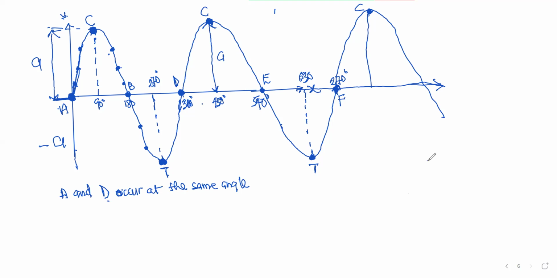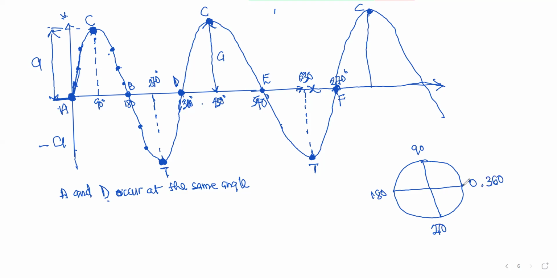But if you consider one full revolution, this point is 0, 90, 180, 270, back to 360.